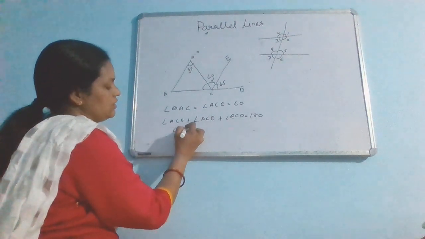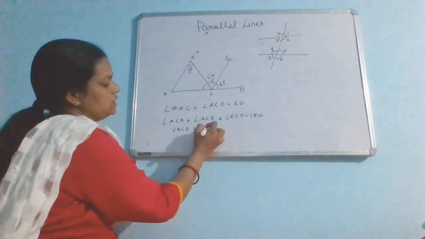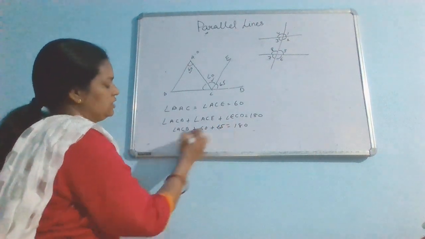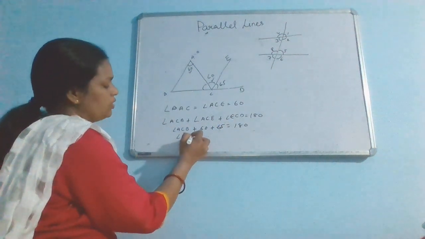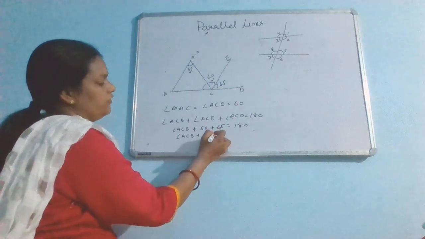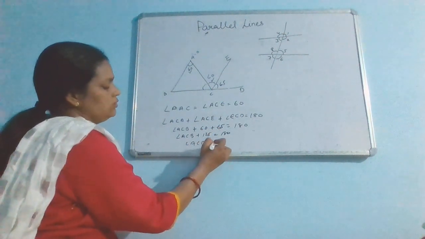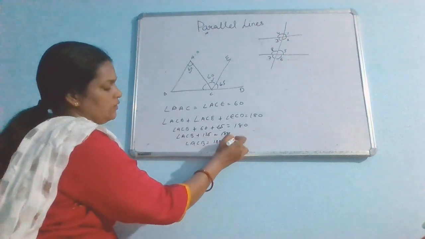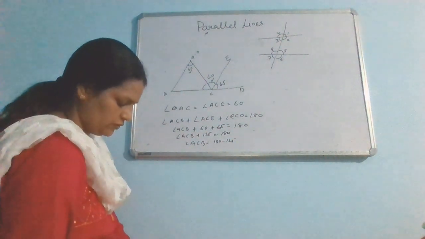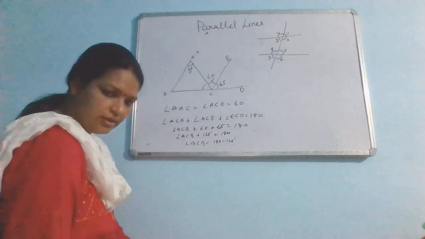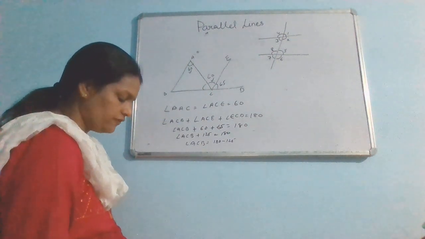So angle ACB plus 60 plus 65 is equal to 180 degrees. And I hope you can do this. 125 is equal to 180. Angle ACB is equal to 180 minus 125. So this is equal to how much? 55, right?